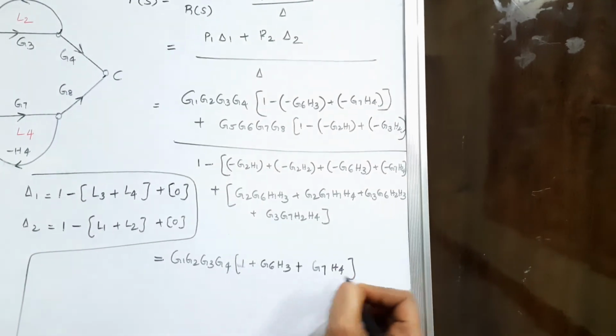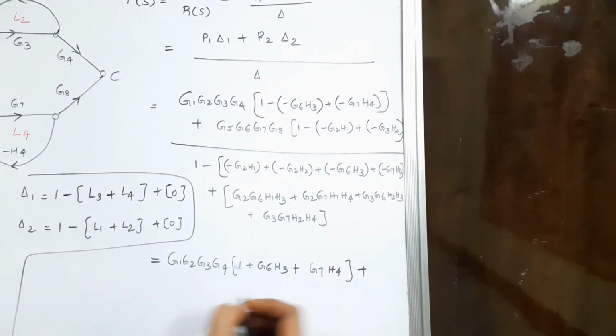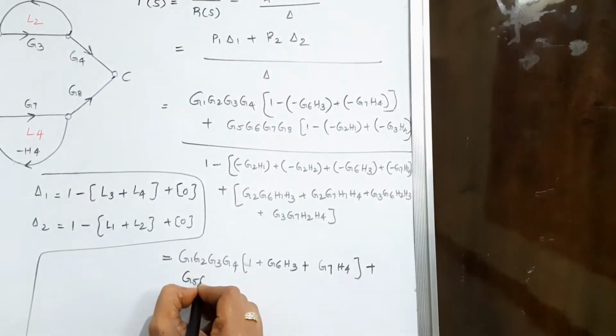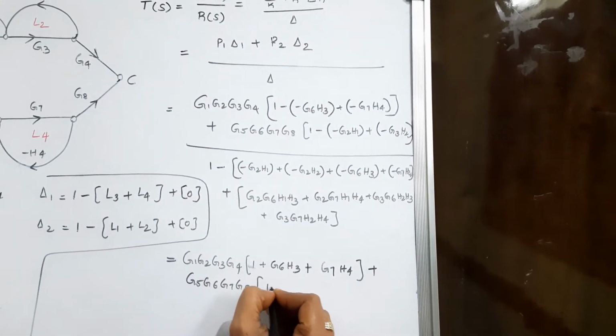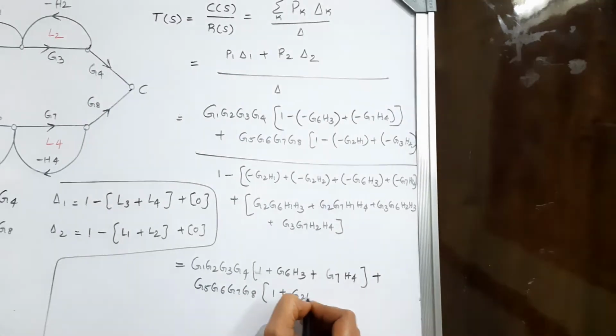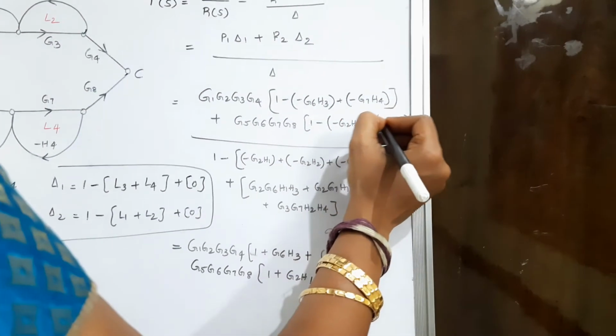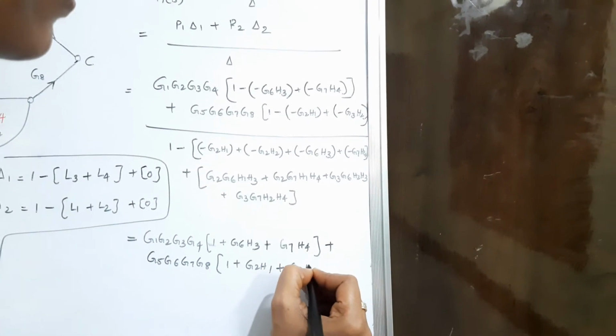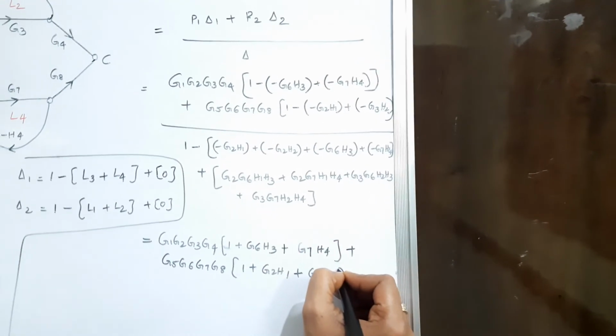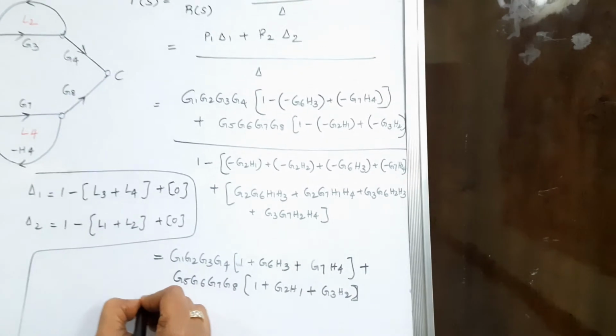So this is the combination, plus G5, G6, G7, G8 into 1 plus G2H1, plus into minus minus, minus into minus, again it becomes plus G3H2. This is how we are going to write.